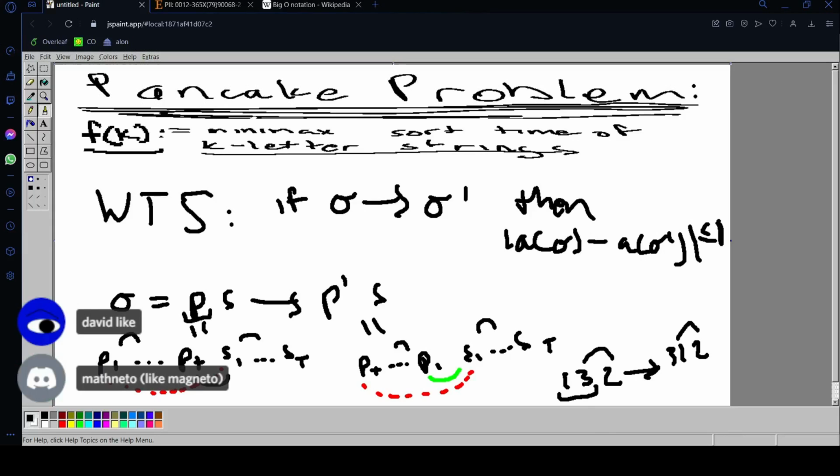So that establishes this claim, and therefore, by what I mentioned before, we get the lower bound of f of k being at least k minus 1. Wonderful. So simple.